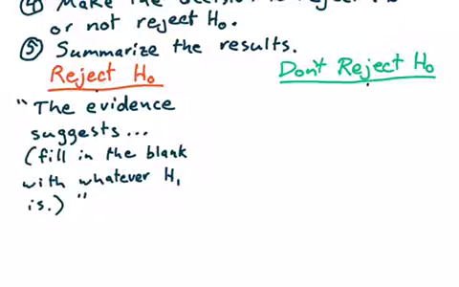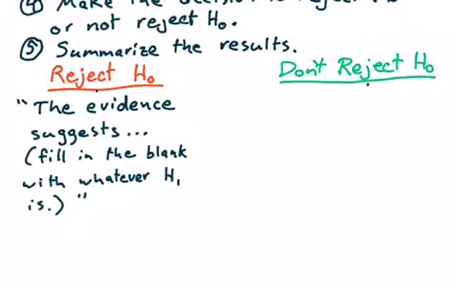It is helpful here to have written down in step number 1 what your claim was, because that will help to summarize your alternative hypothesis in the language of the original problem, which, remember, for word problems, all of these are going to look like word problems.